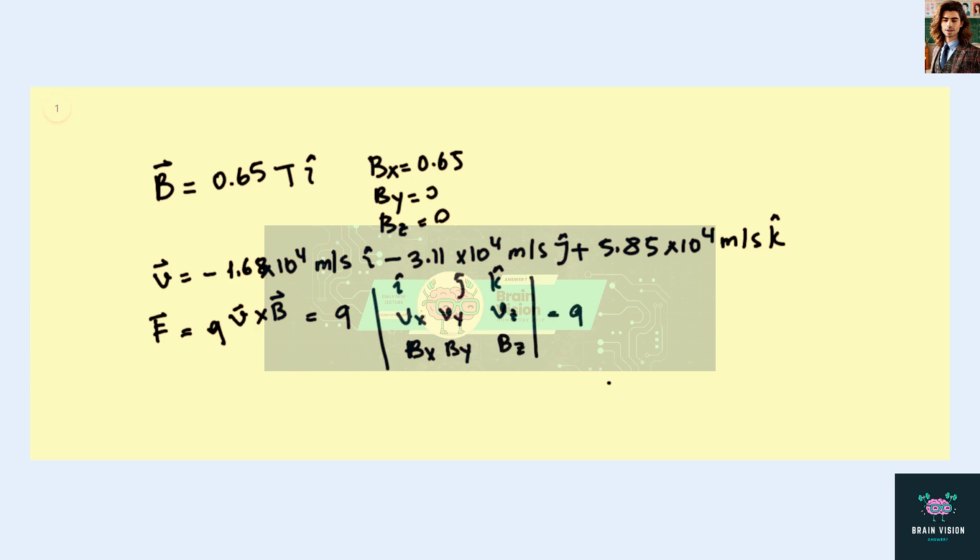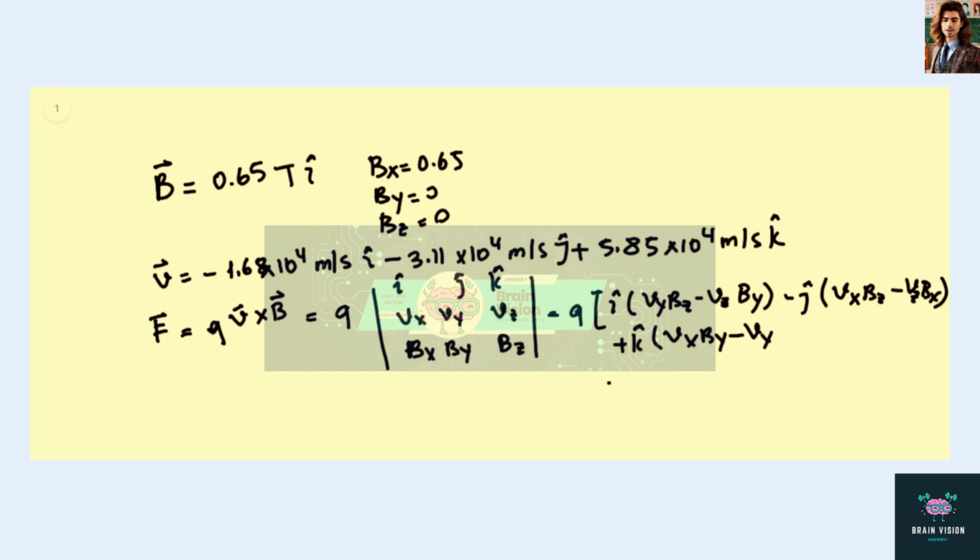Now, Q times i hat, then it's going to be equal to (Vy Bz minus Vz By), minus j hat (Vx Bz minus Vz Bx), plus k hat (Vx By minus Vy Bx). This is going to be equal to Fx, the x component, times i hat, the y component of the force times j hat, the z component of the force k hat.